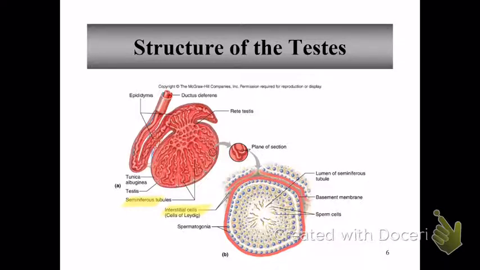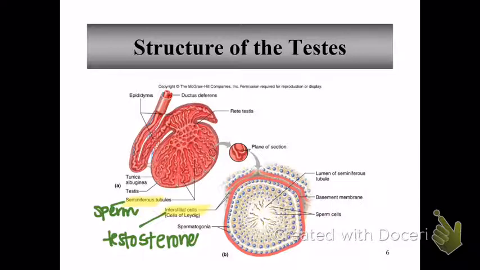So maybe write that in. This is what produces testosterone. And this is what produces the sperm. Okay, so that's pretty good. You got that part. That's in the testes, right? Seminiferous makes sperm. You want to know that sperm is made in the testes. Testosterone is made in those interstitial cells.